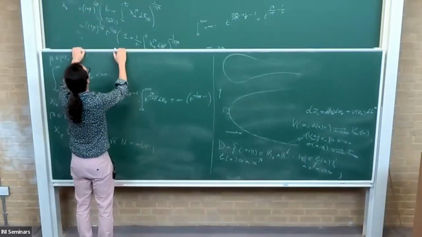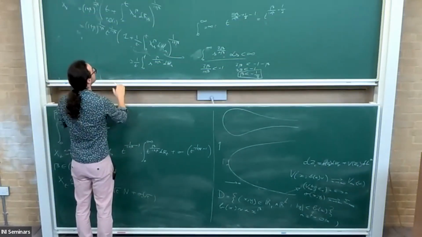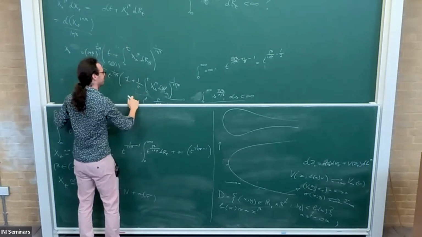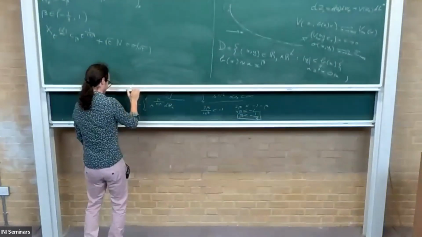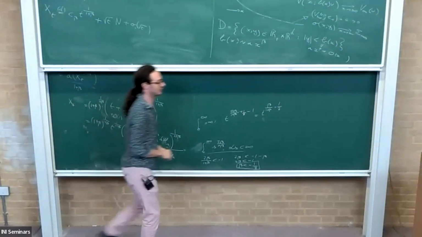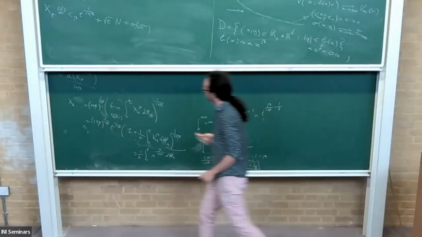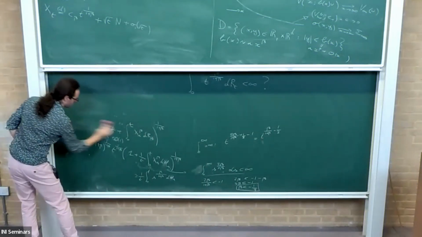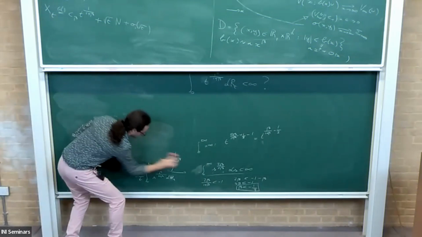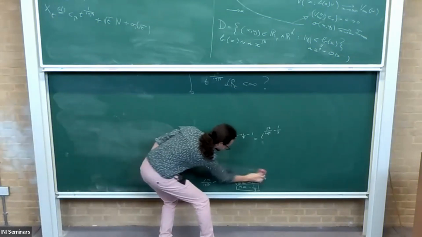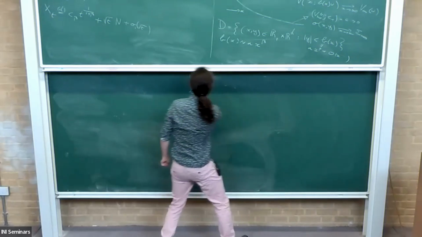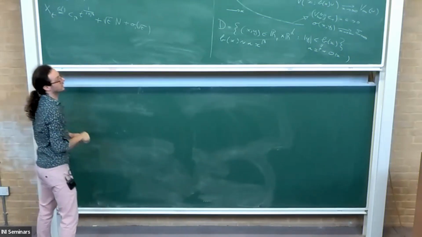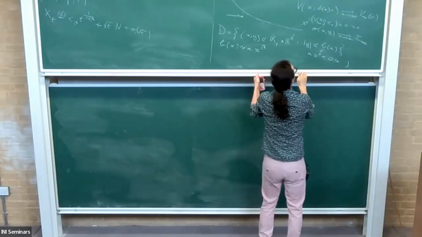Okay. So here the result essentially is that, let x be the first component of this process z.